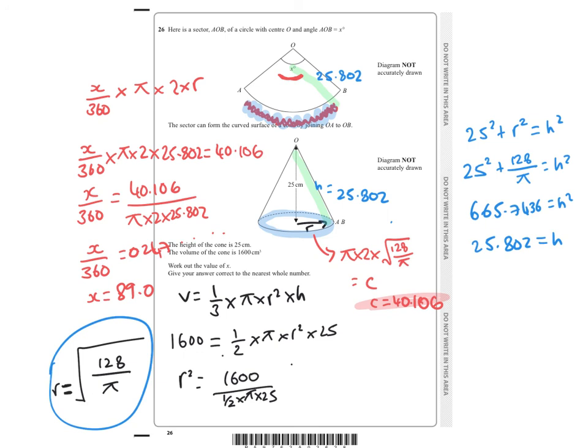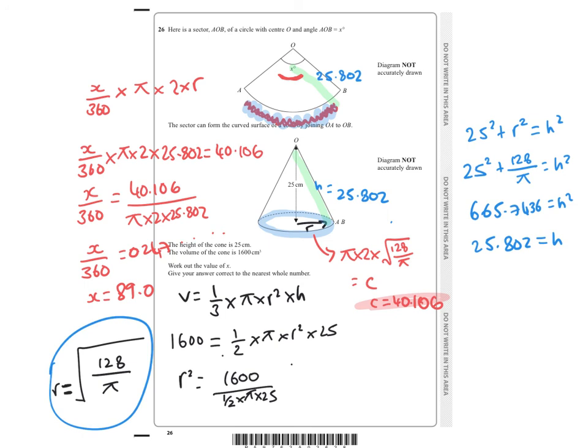Right, did everyone get r is... I've got 128. I think that's where I've gone wrong. What is 1600? Why did I multiply by a half?